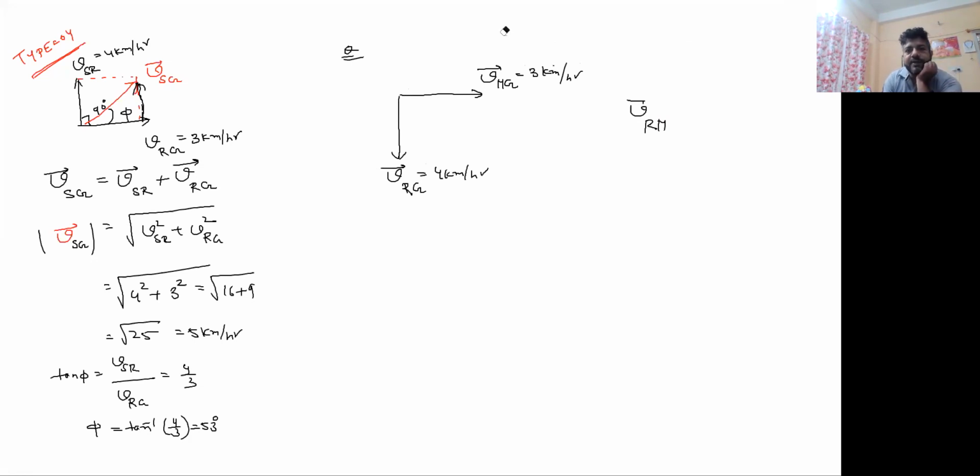And what do we have to find out? We have to find the velocity of the rain with respect to man. Is it clear, everyone? And this angle is vertical, meaning 90 degrees. Now tell me, who is missing?